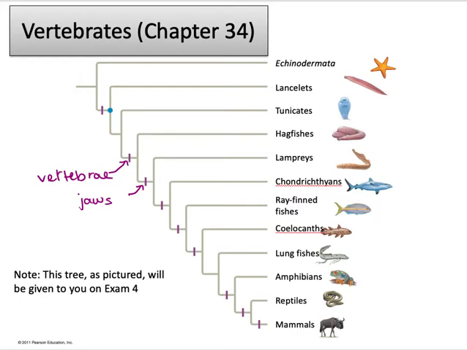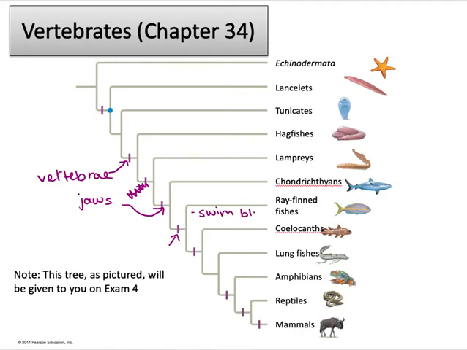That would be right here. Right here within the ray fin fishes, for the first time, we're going to see a lung or a lung derivative. And within the ray fin fishes especially, that lung derivative is a swim bladder.